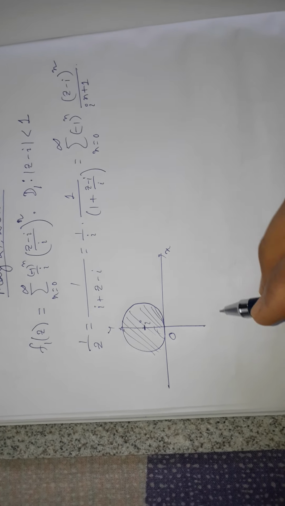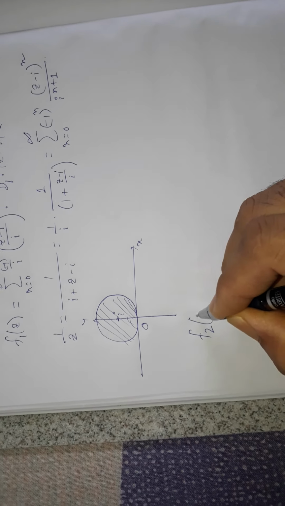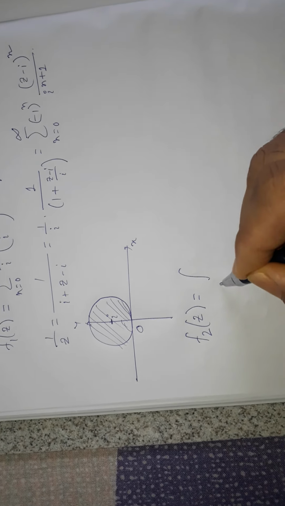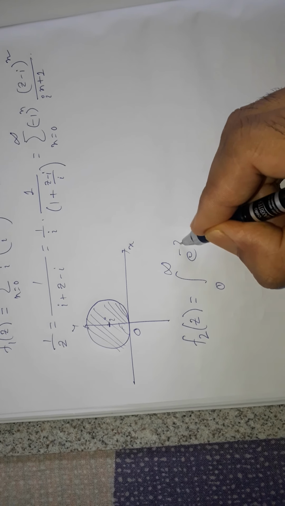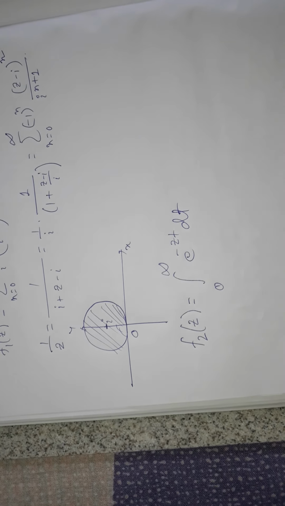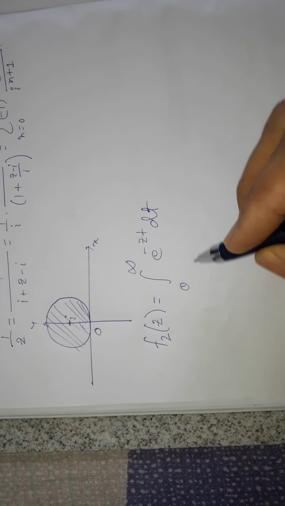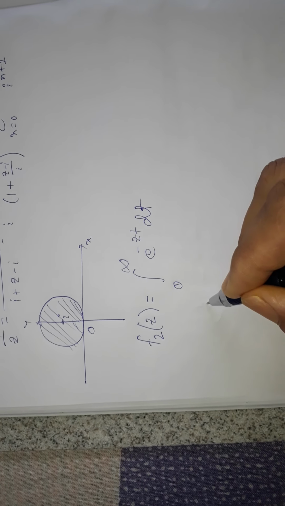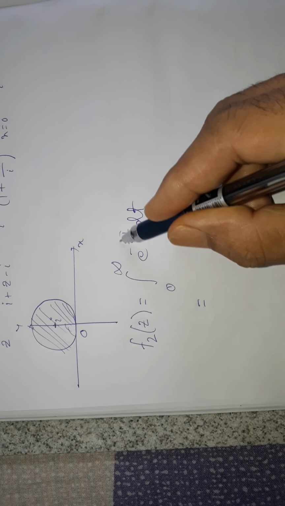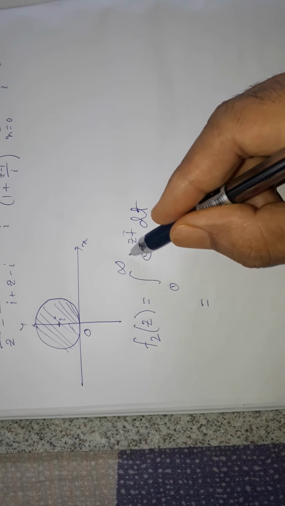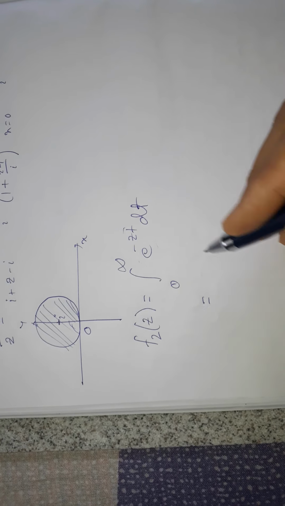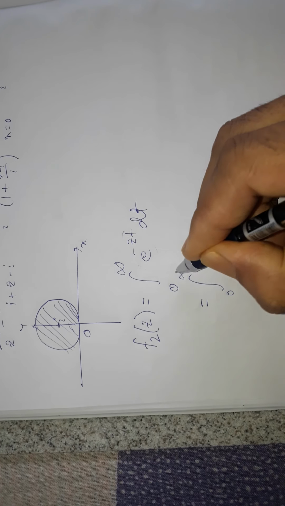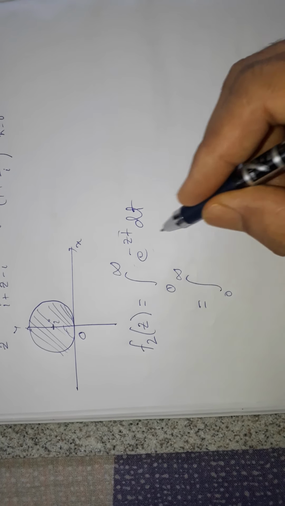Now I consider another function, which is the integral from 0 to infinity of e^(minus zt) dt. This function will also be analytic in some domain, so let us find it. This is easy because it is a complex valued function with a real parameter t, so we take the real part and imaginary part of the integrand.